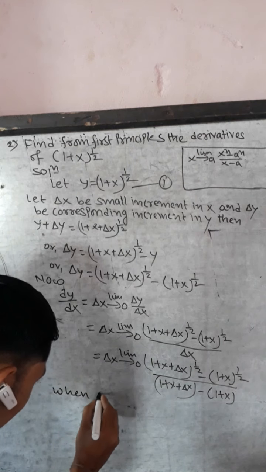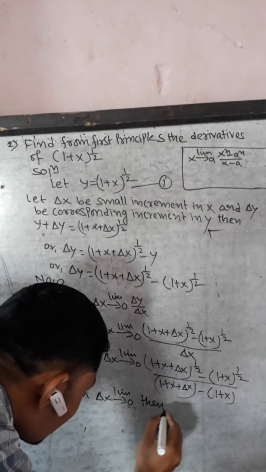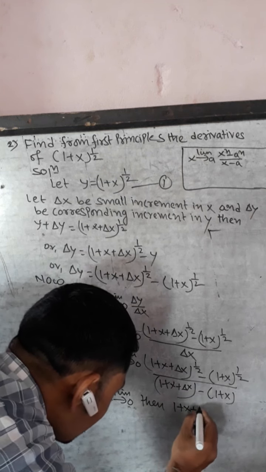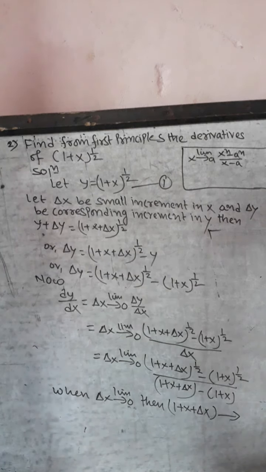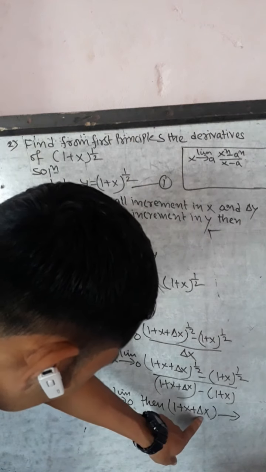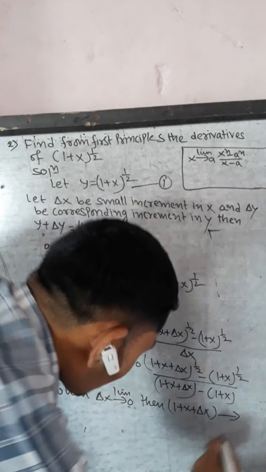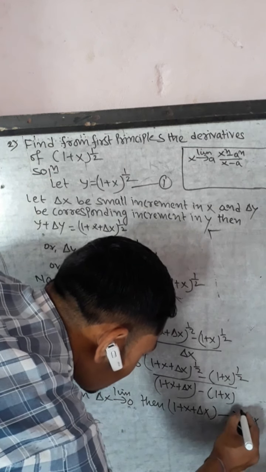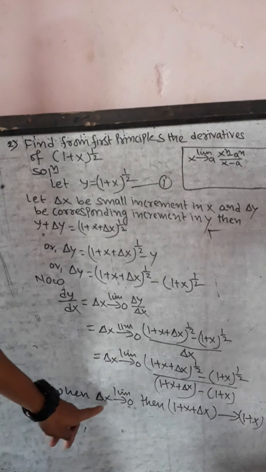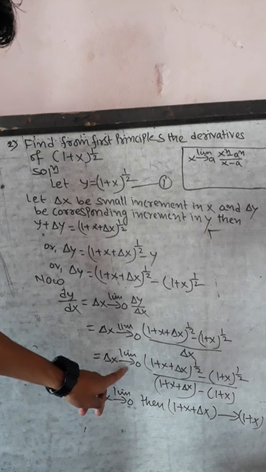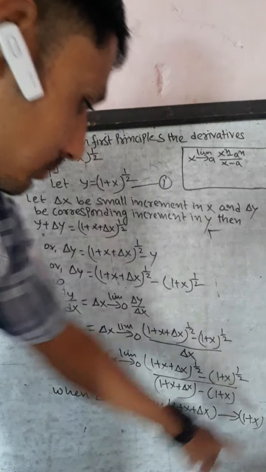When del x tends to 0, then 1 plus x plus del x, because you have taken this one as x, will tend to how much? If del x is 0, you put 0 over here, then this part changes into 1 plus x. So this will tend to 1 plus x.